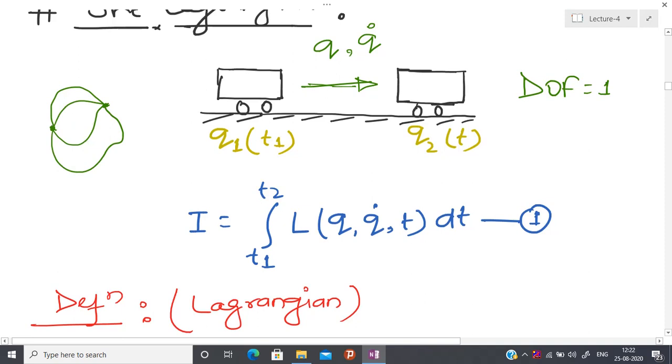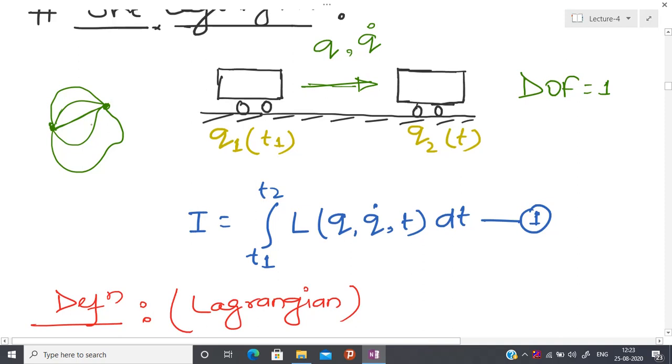And in order to move from here to here, every time I will move only this distance, but for each path a different amount of energy is required to move from here to here.